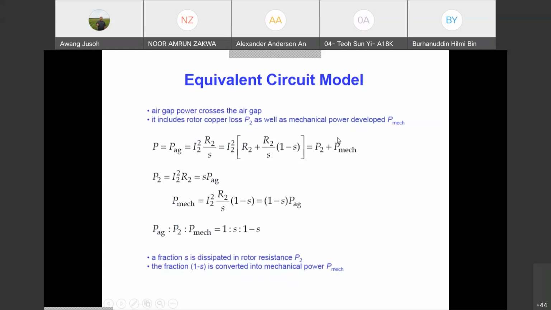And P mechanical equals I2 squared multiplied by this, equal to (1 minus S) times PAG. That's just to emphasize what we studied in the previous lecture, so you can refresh your knowledge.